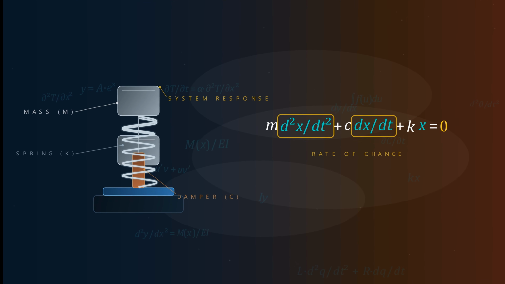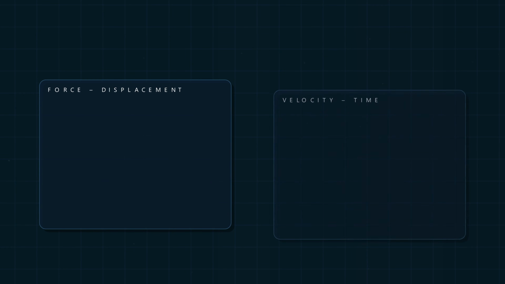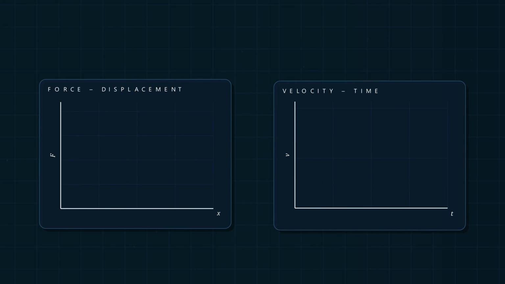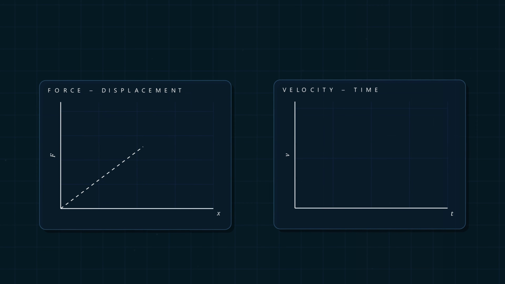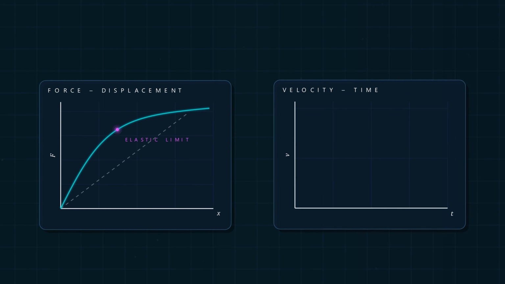To understand it, we first need to understand derivatives. Before diving into the mathematics, let's build some intuition. When we push a spring beyond its elastic limit, the relationship between force and displacement stops being a straight line. It curves. It becomes nonlinear.